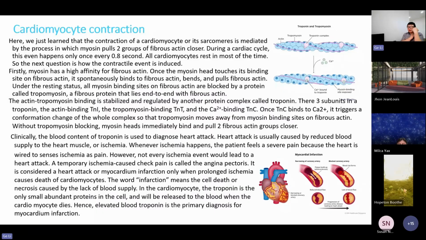However, when the muscle is in the resting status, the myosin does not see the actin at all, because the actin, like Juliet's face, is masked by another protein called tropomyosin. Tropomyosin is another long protein, and its only function is to lay on the surface of the actin and block the myosin binding site on the surface of the actin.